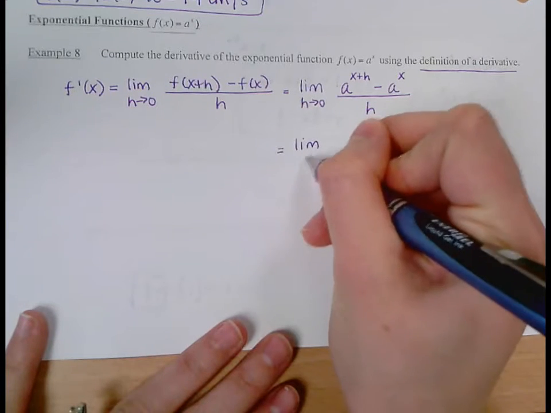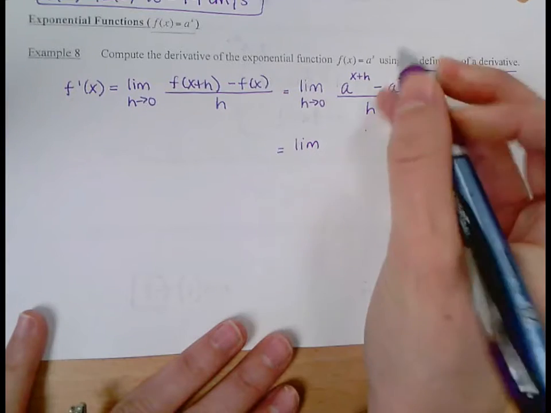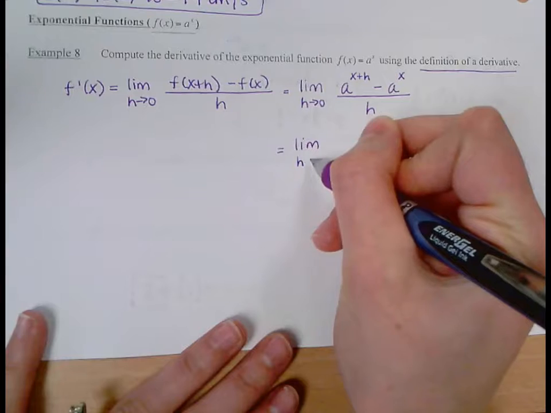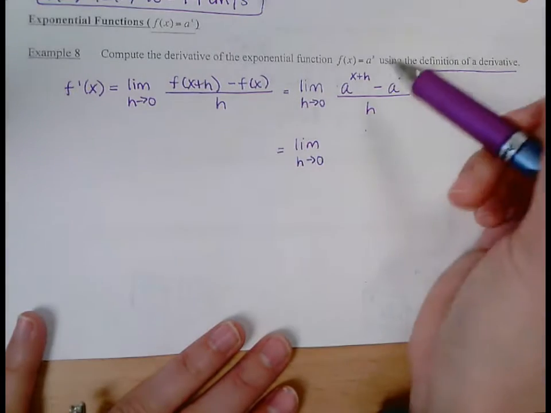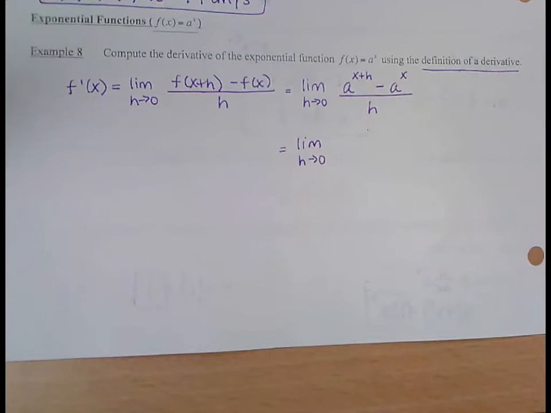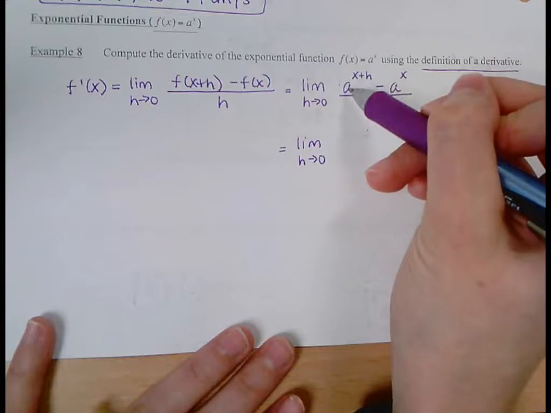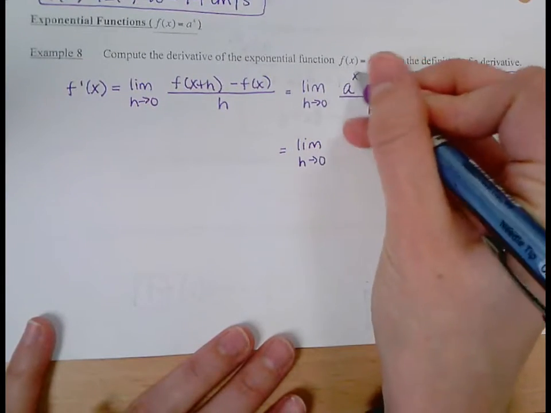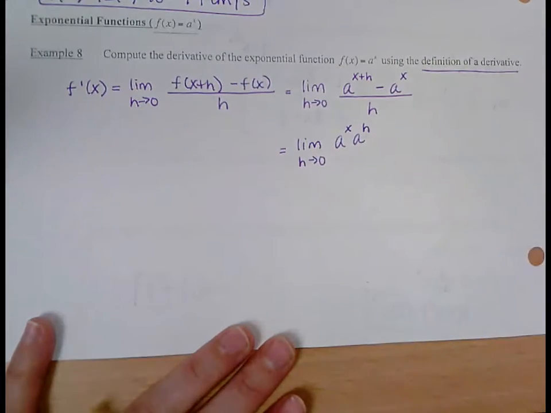Say that again. I can't just bring it down. Yeah, unless I was taking the log of it. Yes, I can. This is kind of working backwards from what you normally do. But if I have a power to an exponent that's being added together, I got this by taking a to the x and multiplying it by a to the h.